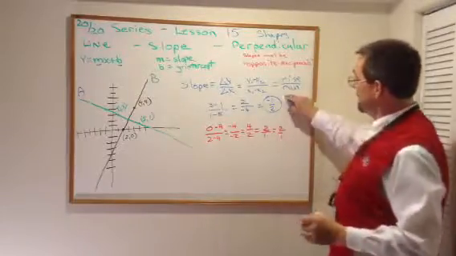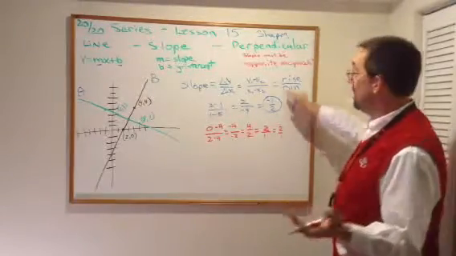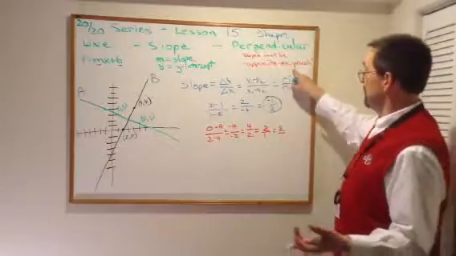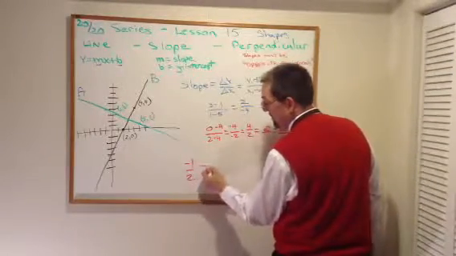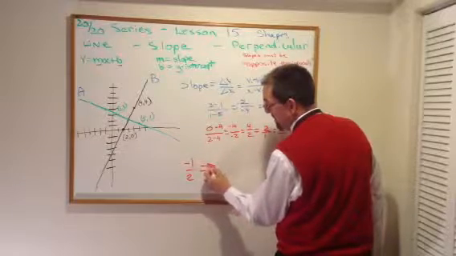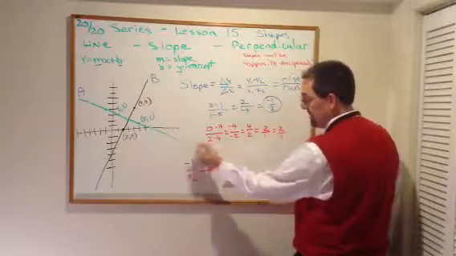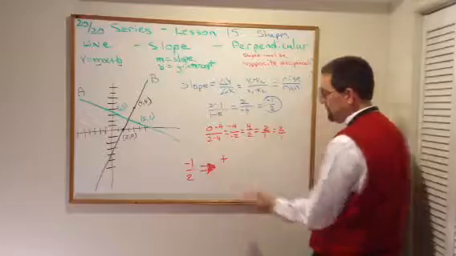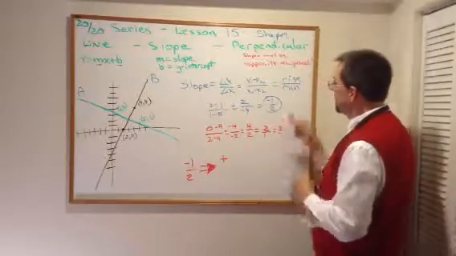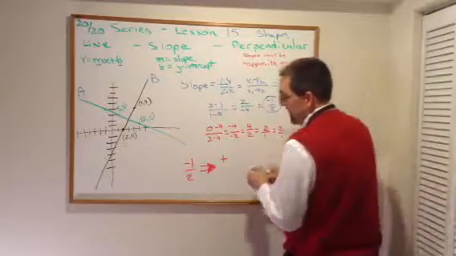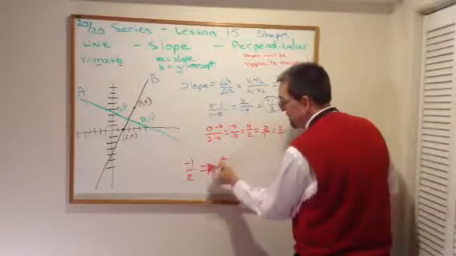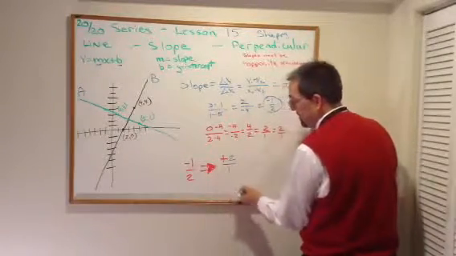The reason I wrote it like this is because I think it helps show opposite reciprocal. So, negative 1/2. If we take the opposite, it does become a positive. And then, reciprocal. Flip it. The 2 goes on top, the 1 goes on the bottom.